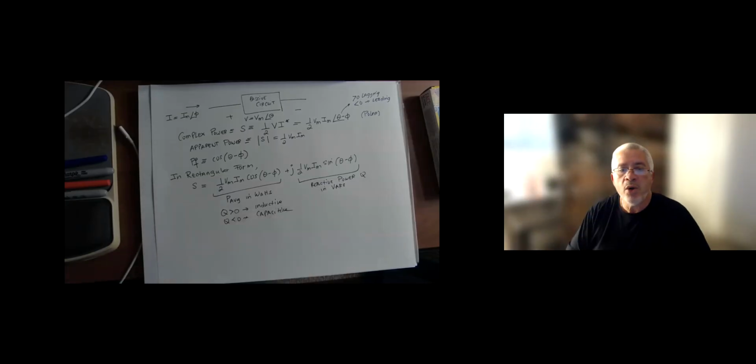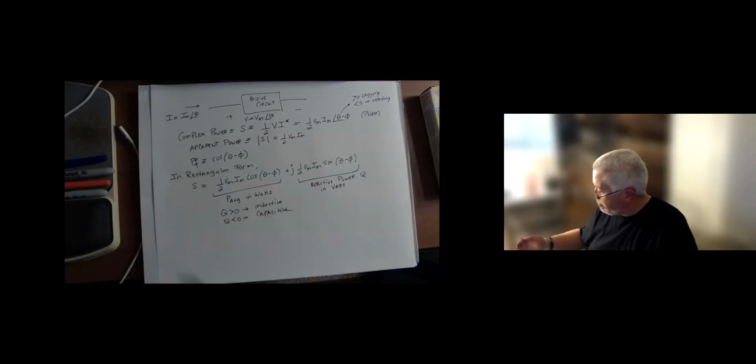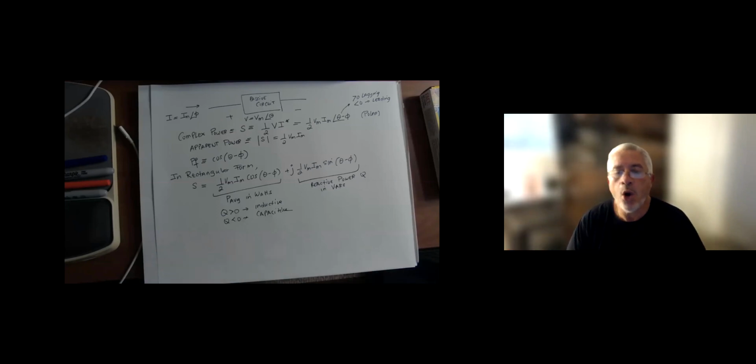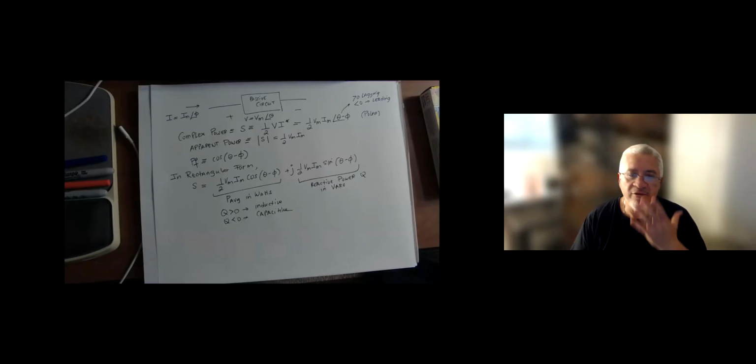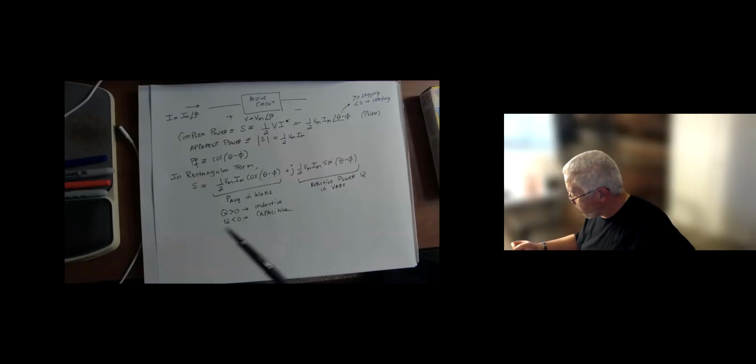So this is a good summary of why the complex power is useful: it's all included. When you're being asked for power, all you need to find the complex power is the voltage and current phasors. Of course, realize that if this circuit has an impedance, voltage over current is that impedance, so Vm over Im, at the angle of the voltage minus phi, equals the impedance of the circuit.